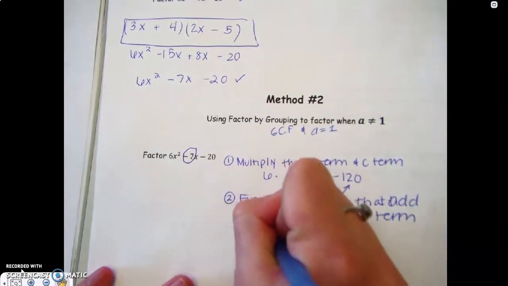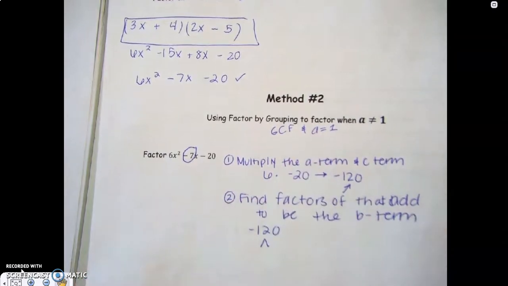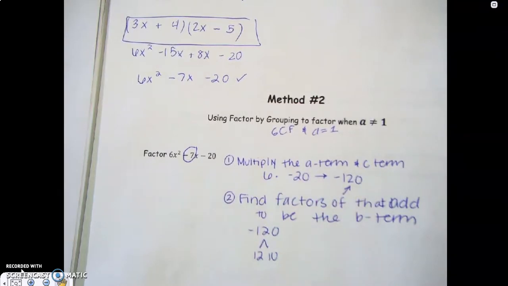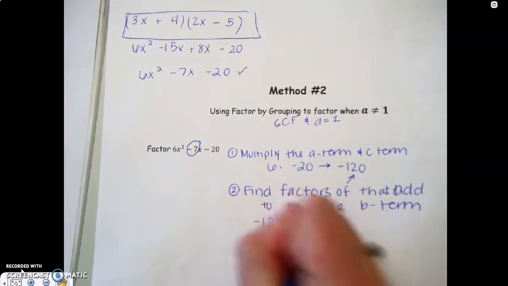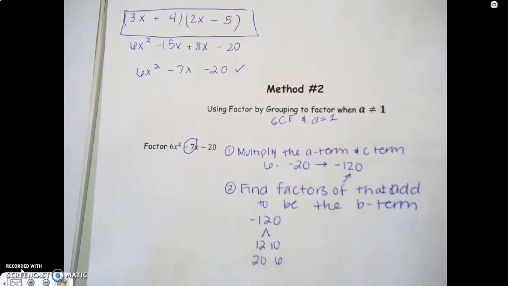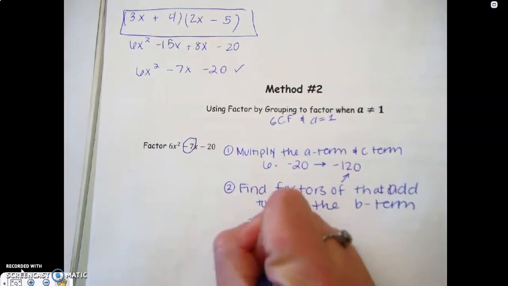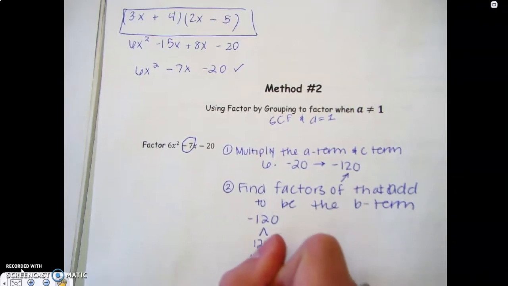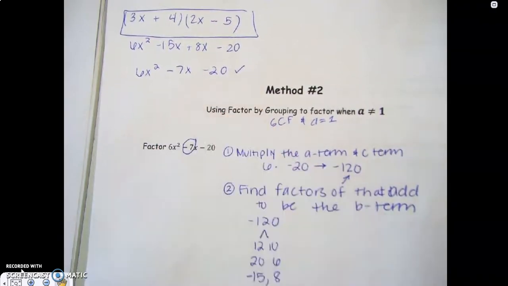This is where it might take some playing around. 12 and 10 won't give me a combination to come up with 7. 20 and 6 won't work. I have 15 and 8. That will work. I just need to make the 15 negative, because negative 15 plus 8 will give me negative 7.